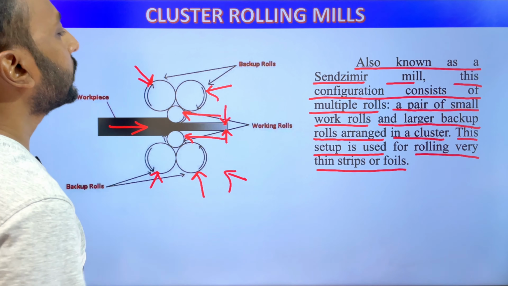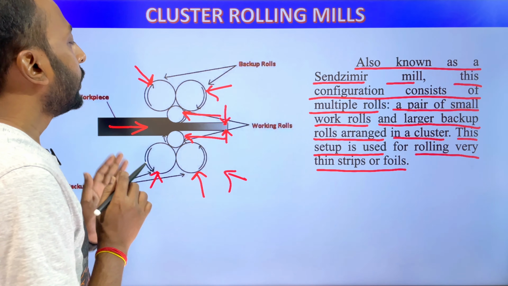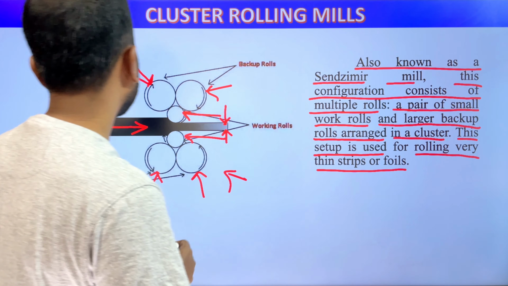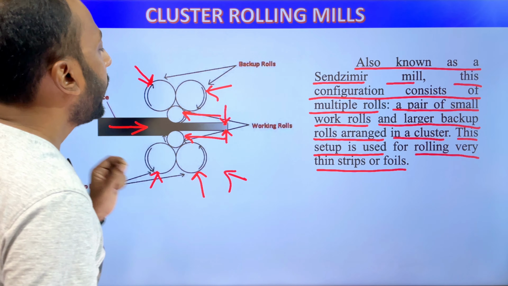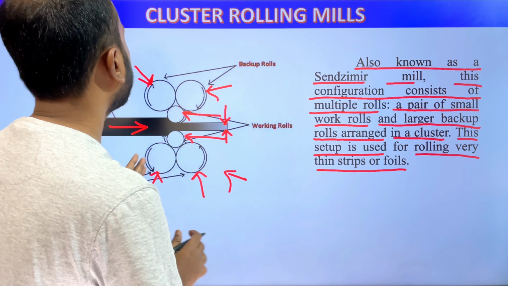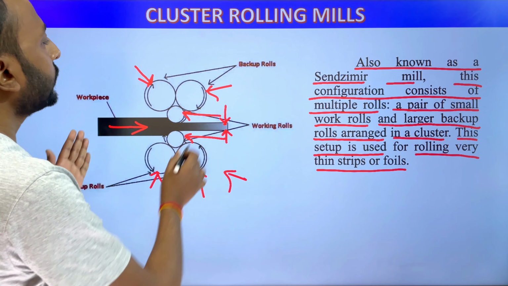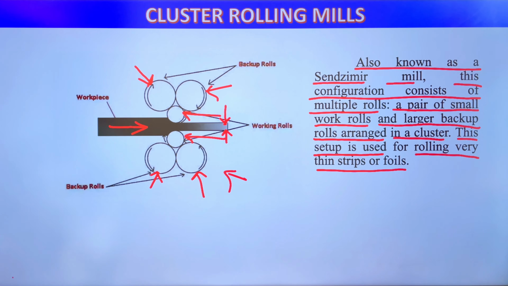So in this case, we can use more and more force to make it a strip or foil. The thickness of foil is very small, so we have to apply more force. For this setup, the backup rolls may be increased to 6 or 8.